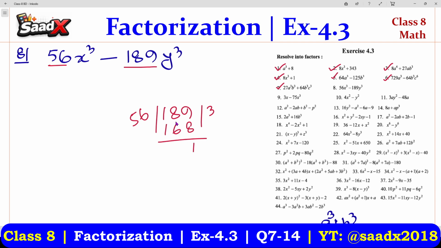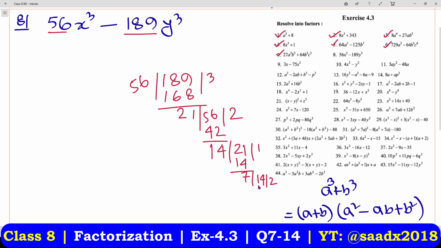Here is a 1, here is a 2, right? Now 56, it's 2 times, it means 42. Here is a 4, here is a 1. So this 21 can be done by 2, 1 times. So 14, here is a 7. So here is a 14, 2 times. So here will be 14. So the highest common factor is 7.